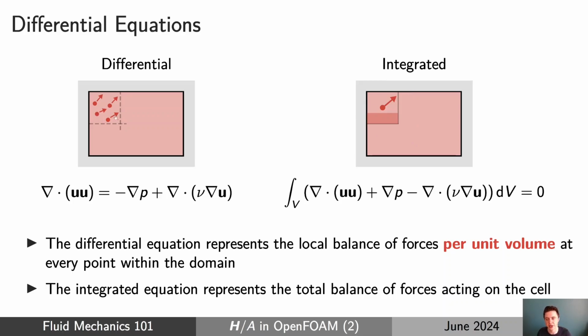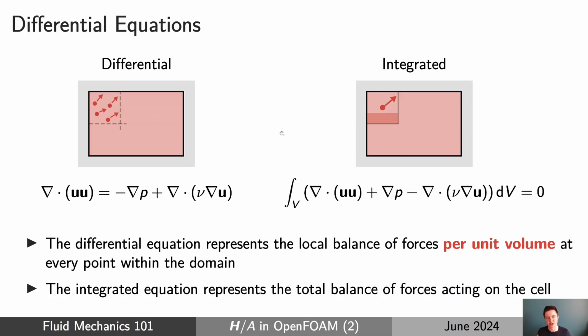A way you can think of that is if you were to consider a point in that domain which represents the balance of forces per unit volume, you multiply it by the infinitesimal volume, and then you repeat that process over all of the infinitesimal volumes in the cell and add them up. Of course, the total, or the integral, would be equal to 0. The total force acting on all of the volumes within that cell is equal to 0.